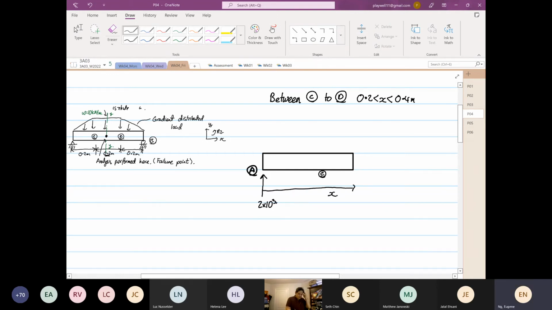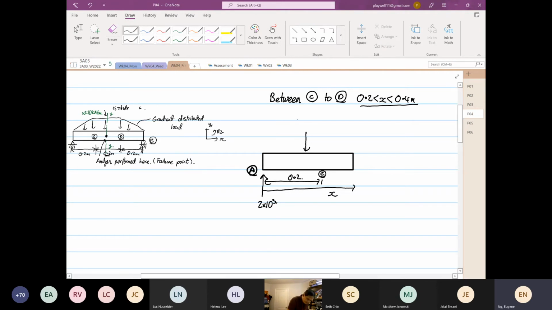We are also aware that the distance from here to here is 0.2. So between A and C, you have an equivalent load, and the equivalent load now will be a constant, because the equation we form is between 0.2 to 0.4. So between A to C, we pass that point already. So this will be a constant.